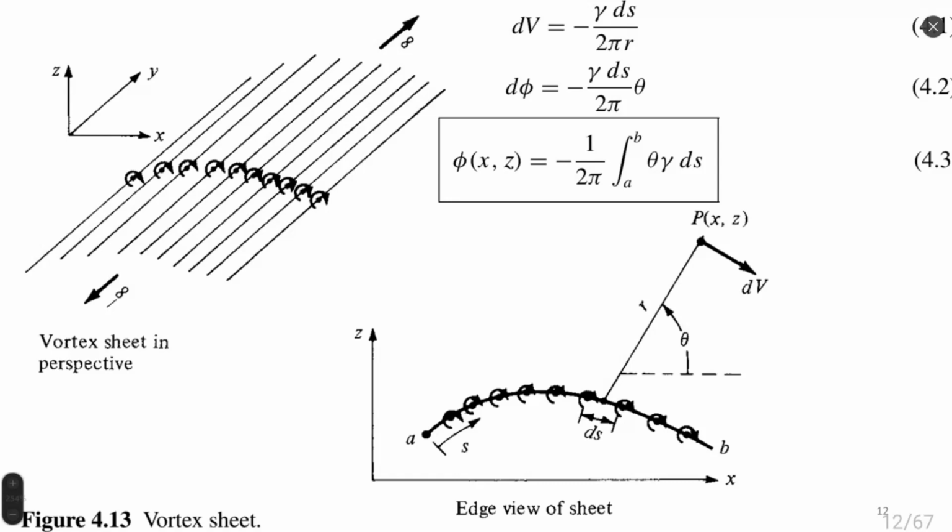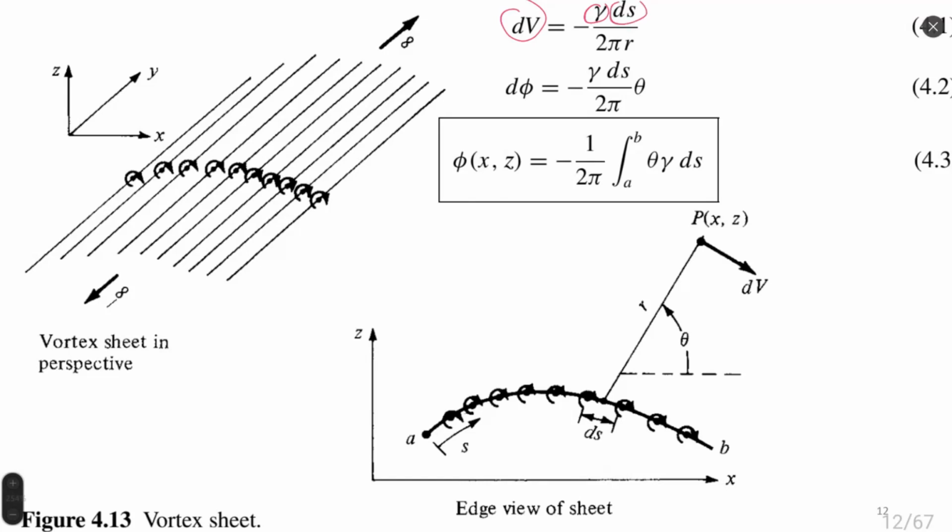We see that the velocity at any arbitrary point P changes, dV, according to the presence of vortex on each infinitely small segment of this sheet with strength gamma and the size of this segment ds.